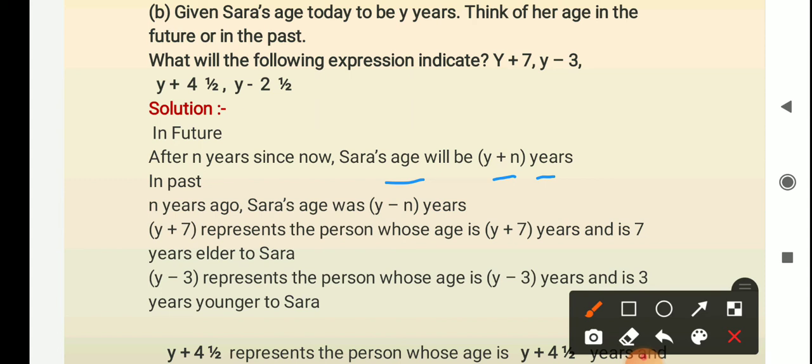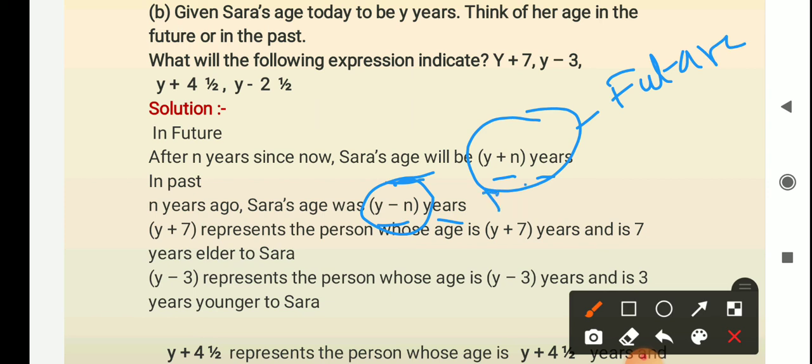In the past, n years ago, we have to subtract n from y, because the present age is y and we want the earlier age. So Sarah's age was y minus n years. According to this we get the rule: y plus n for the future and y minus n for the past.